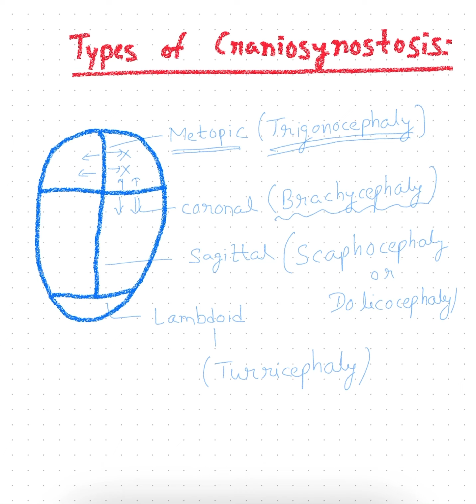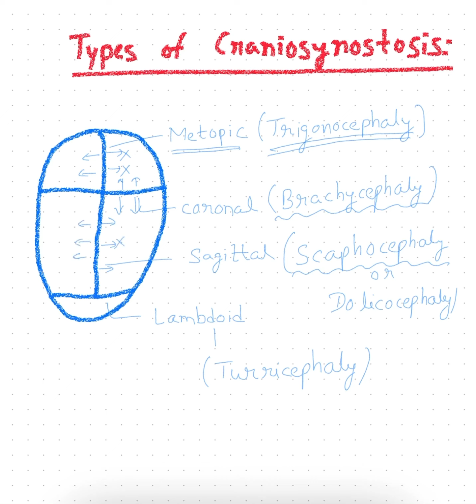Now the next one is the sagittal, or scaphocephaly. Scaphocephaly is the most common among all of them. In scaphocephaly, there will be no growth perpendicular to the sagittal suture in this direction.